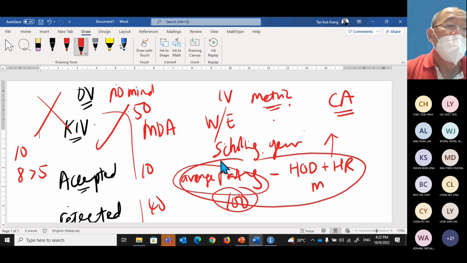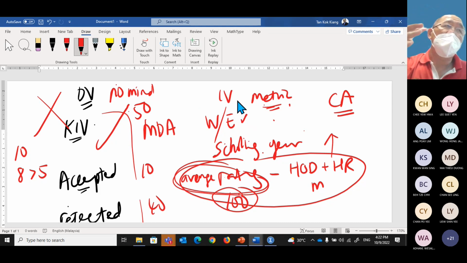Can we say the average rating correlates with working experience? No. We assume average rating is more important than working experience, in terms of the chance to get employment, to get a job.